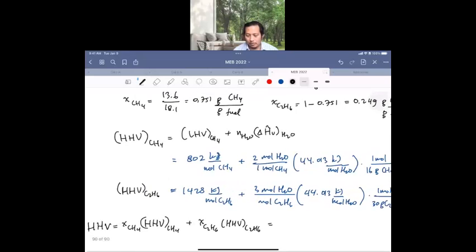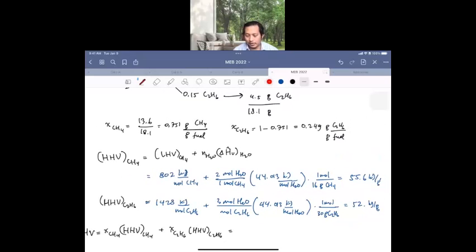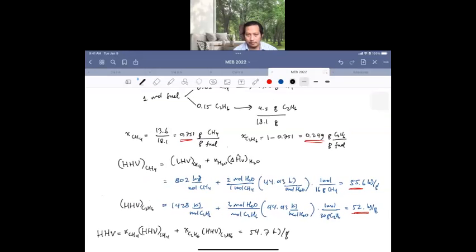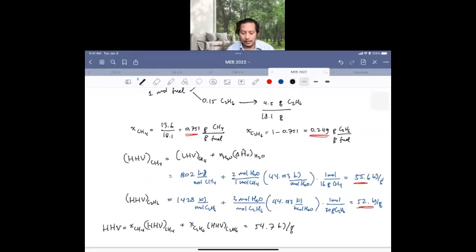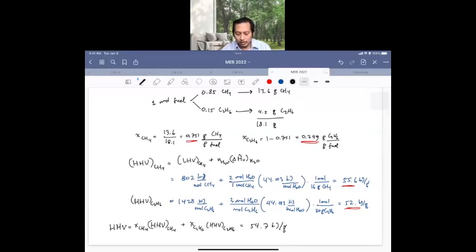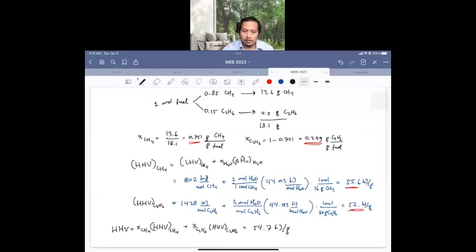Then you multiply all the mass fractions here with the higher heating value and add the two. And this will give you 54.7 kilojoule per gram. I hope the calculation is not really a complicated process.